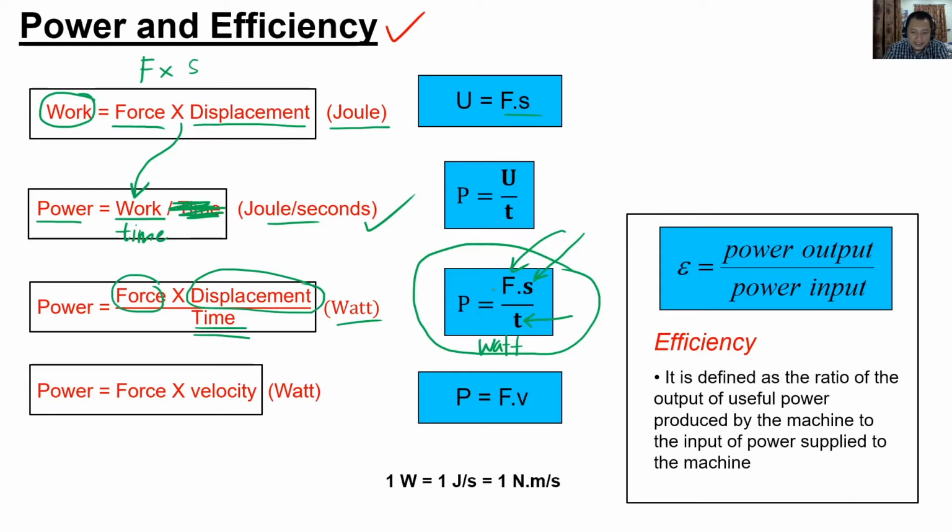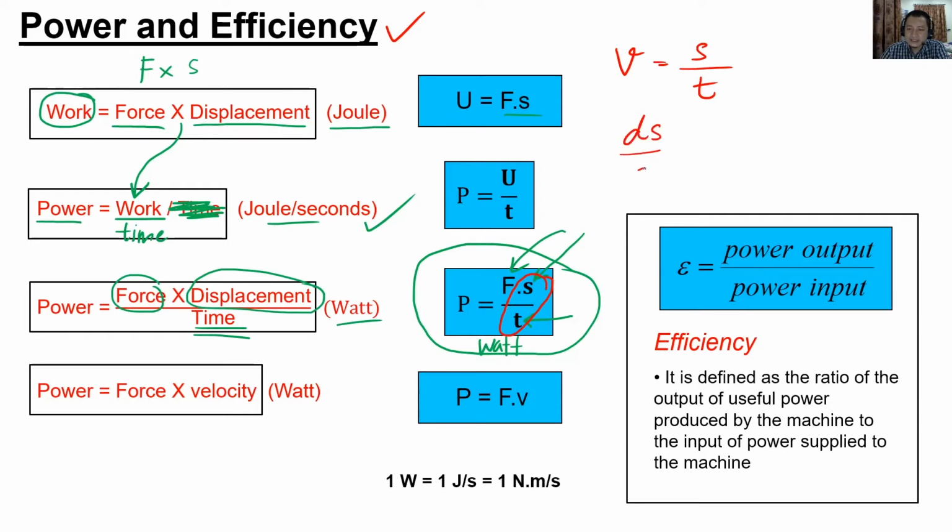So other than that, if you look at this portion, there is S over T. So S over T is basically this one. V is equal to S over T. Right? You still remember?